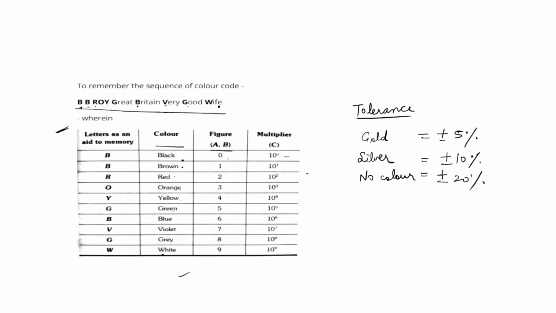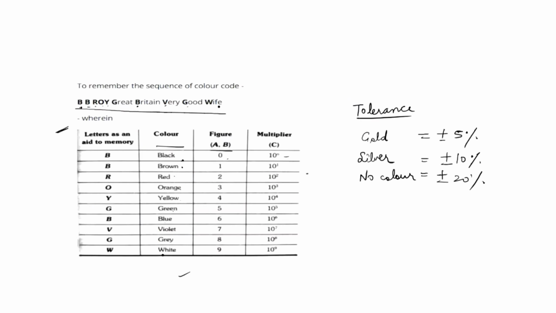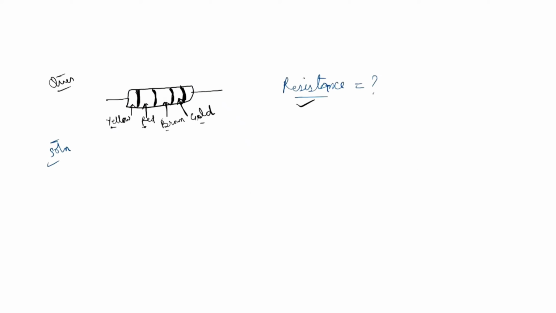Now I am going to solve a question where some color bands are given, and we need to find the resistance of this resistor. The first band is yellow, second red, third brown, fourth gold. For A, yellow is 4, so you write 4.